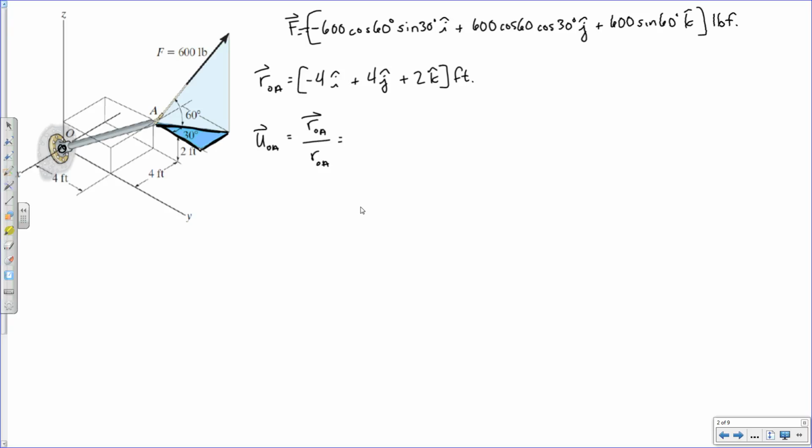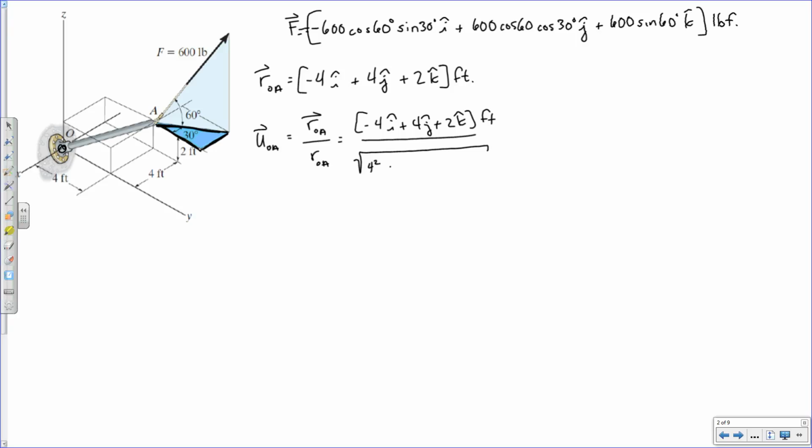This guarantees that the vector has a magnitude of 1 and has no units associated with it. It's only there to show dimension. So this would be equal to negative 4 I hat plus 4 j hat plus 2 k hat, carry around the units if we want, divided by the magnitude of the position vector.